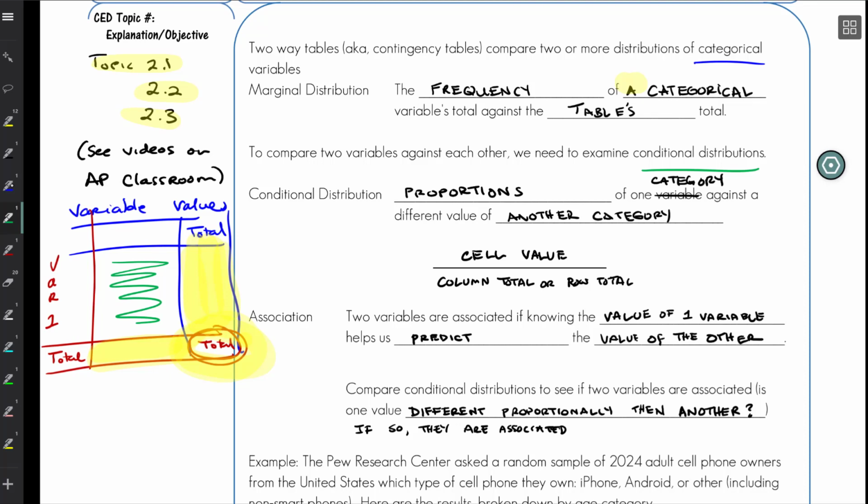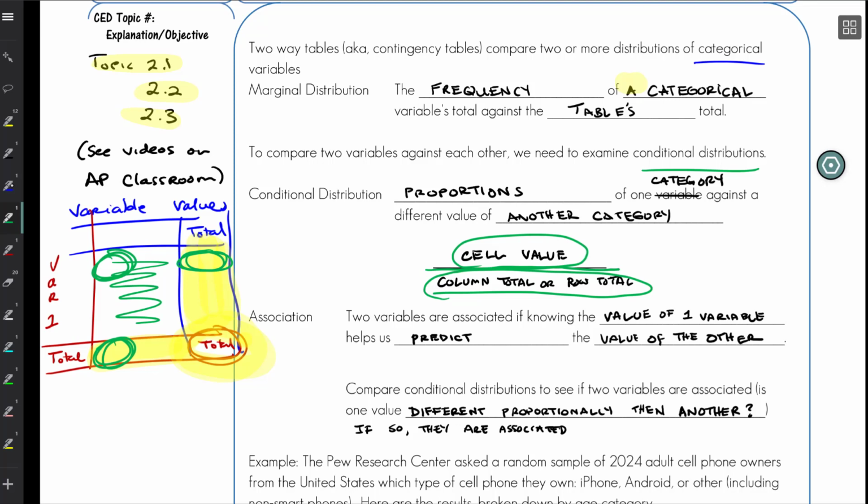So we are looking inside those cells at the cell value and dividing it by the column total or the row total. We are looking at a variable's value inside there, and then we divide it by either the column total or the row total. That's what we mean when we look at a conditional distribution.